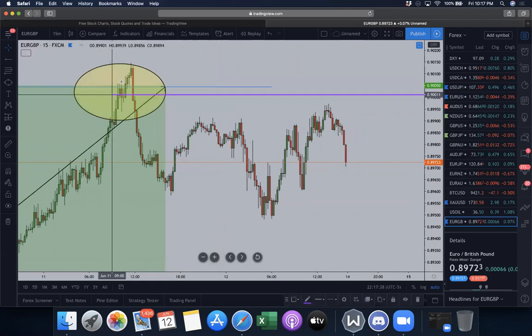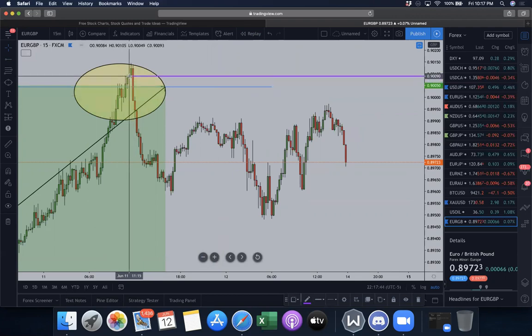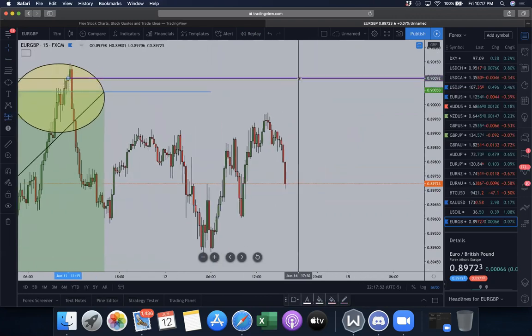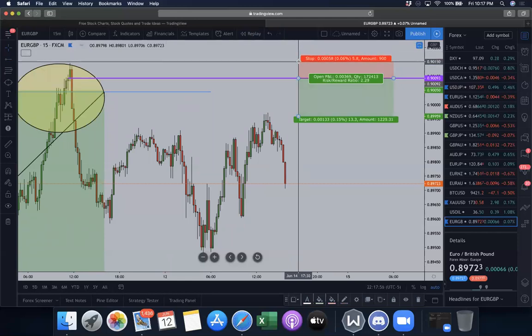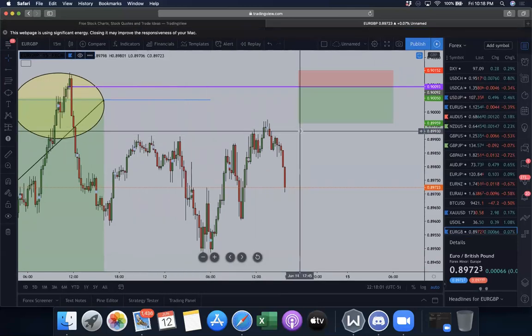Probably up here. You see it way up here? And see how there's imbalance? Wick on the left, wick on the right. So if we're entering here, you see how small our stop loss would be? Like, look at this. We would only need to risk 6 pips. You can see equal highs here, some highs here.